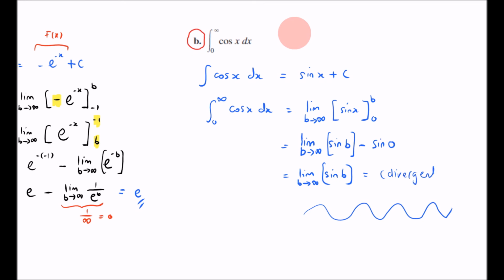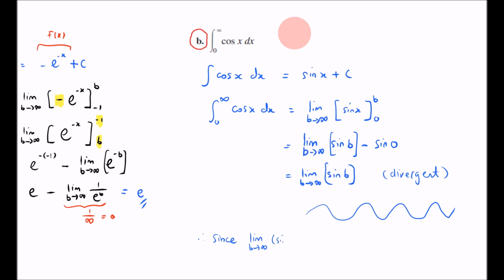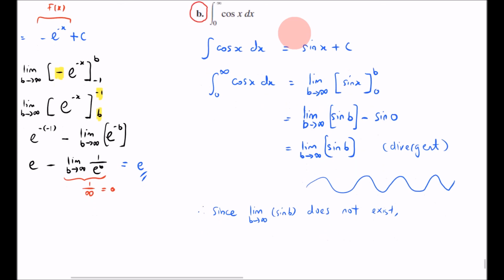Since sine b does not exist, the limit does not exist. So the integral from 0 to infinity of cos x dx is divergent.